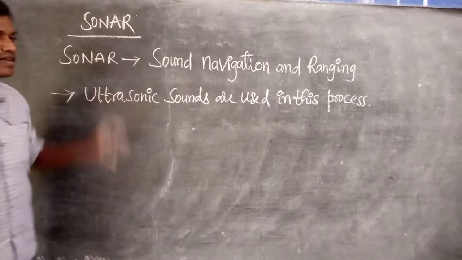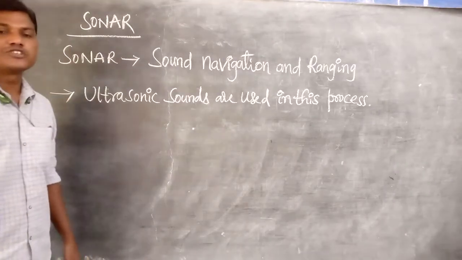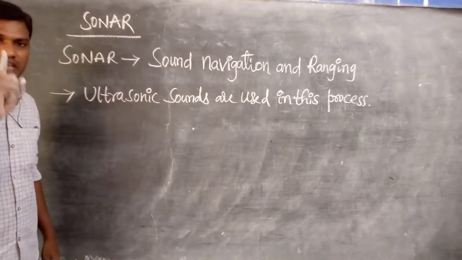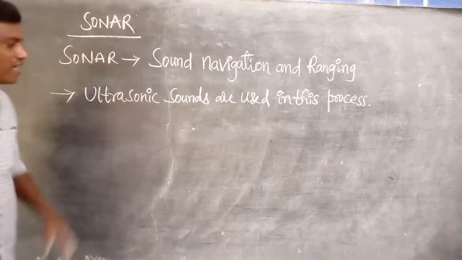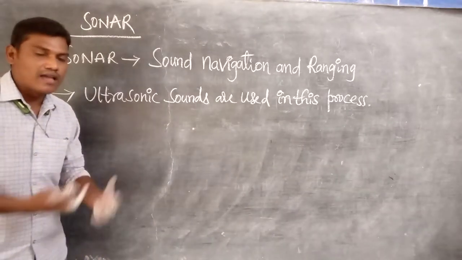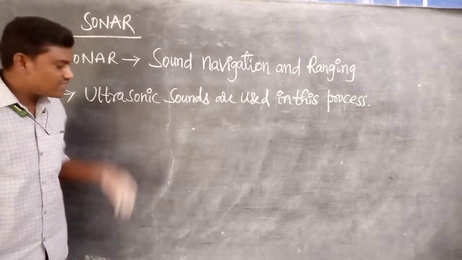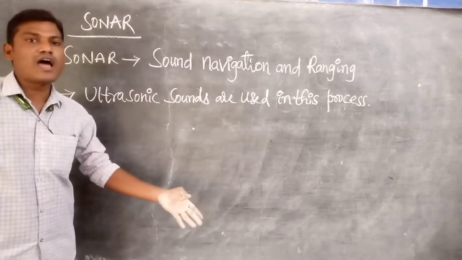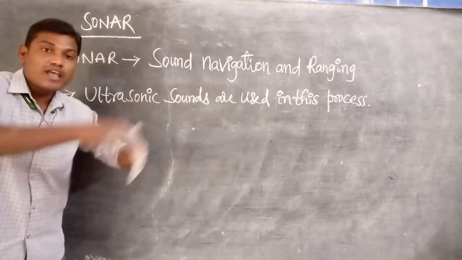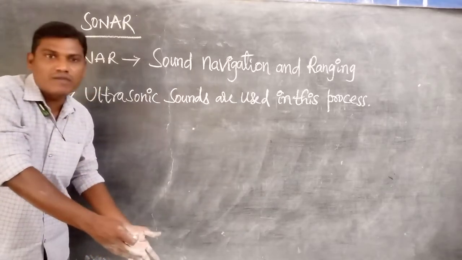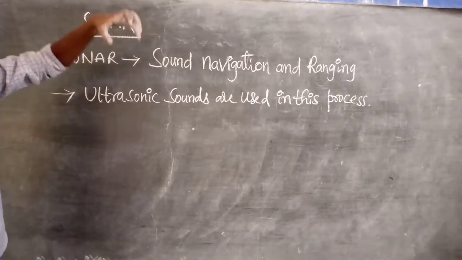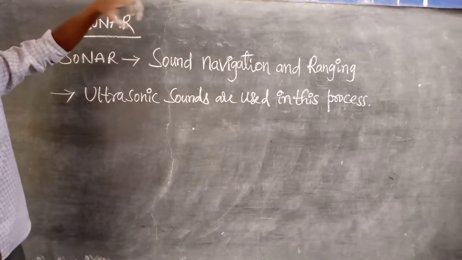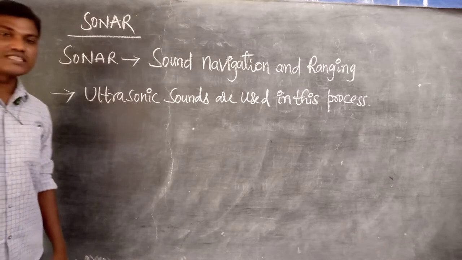The transmitter produces ultrasonic sounds, which travel through the liquid and fall onto a group of fishes, or the bottom of the sea, or a sunken ship. They are reflected and come back, and the reflected rays are received by the receiver in the ship.